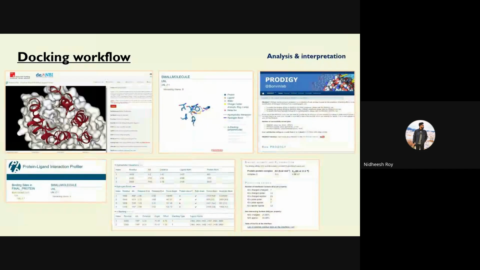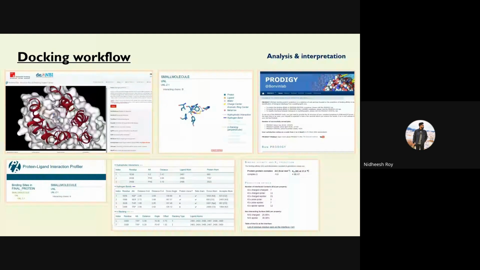The most critical step in all these processes is the analysis and interpretation. At this stage, we evaluate whether the predicted binding modes are biologically meaningful rather than just computationally favorable. During this time, I suggest you recall a few of the websites that I have already shown in the slides.